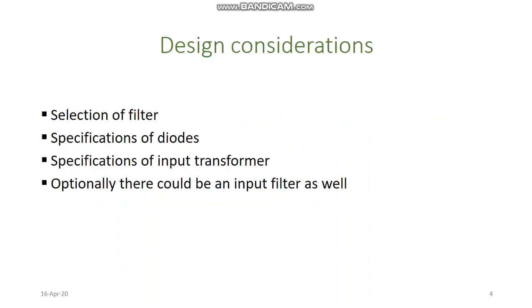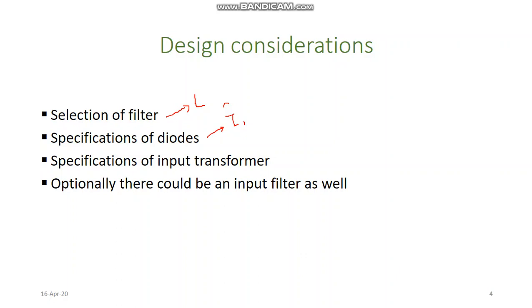For design considerations, we have to again go through the same procedure. The first one is the selection of the type of filter, and this time we are using an inductor as a filter. The second is to consider the ratings of the diodes, which will include the peak value, the RMS value, and all those values that we discussed in our last lecture on capacitive filtering.